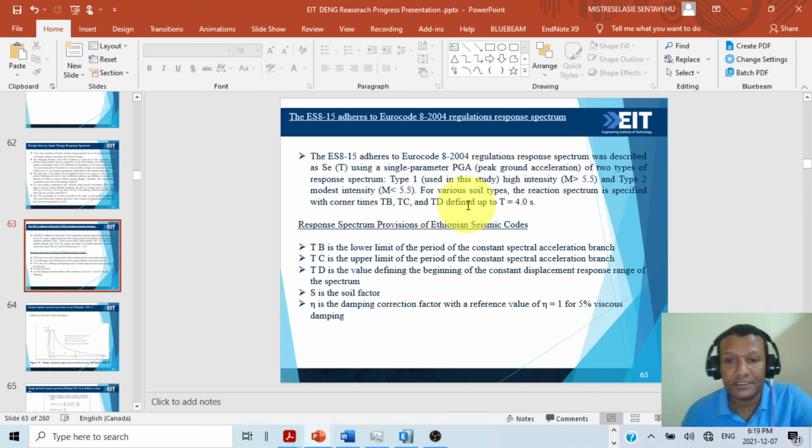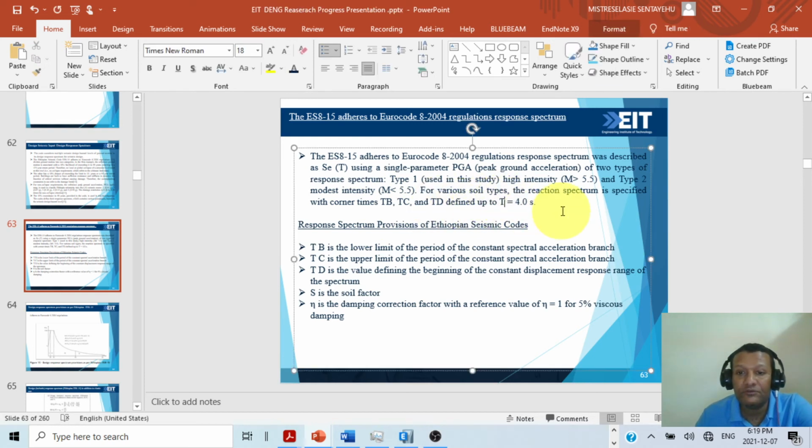Type 1, used in this study, has intensity M greater than 5.5, and type 2 has modest intensity M less than 5.5. For various soil types, the response spectrum is specified with corner periods TB, TC, TD, as I have showed you already, and defined up to T of 4 seconds, the time period until 4 seconds.